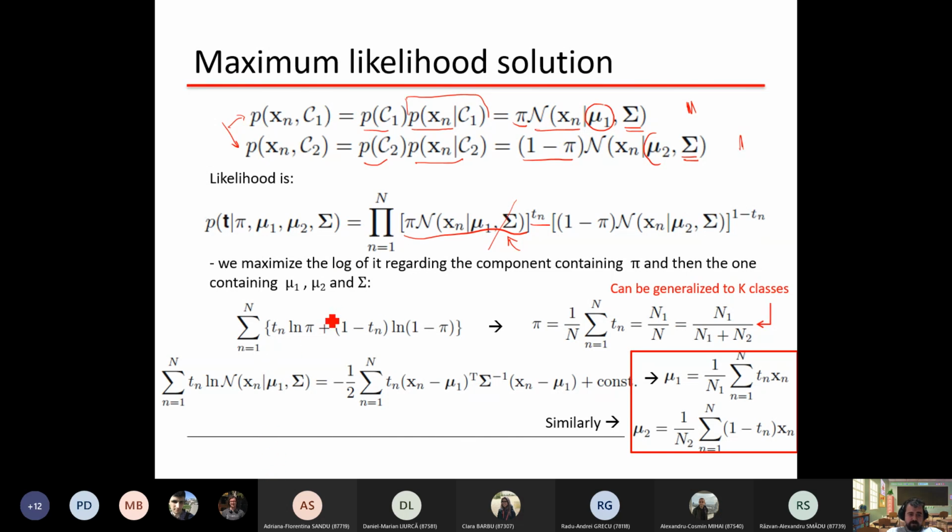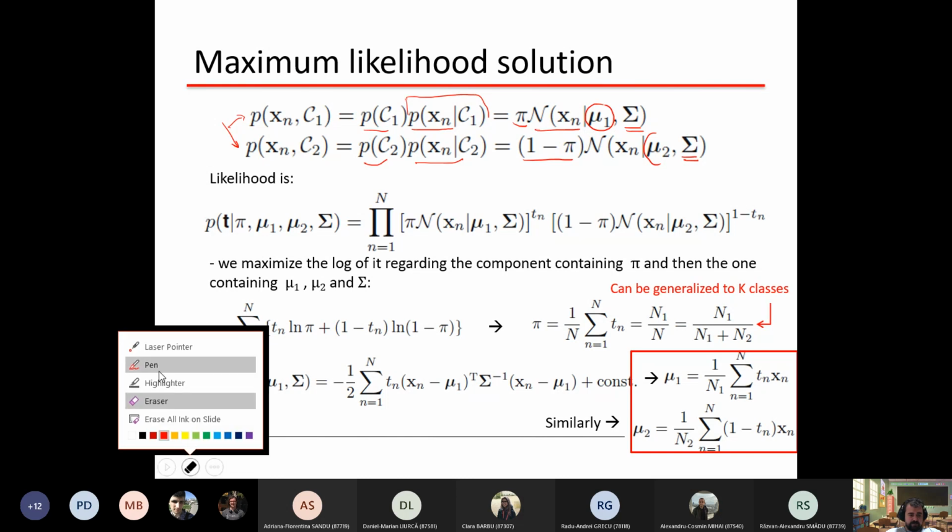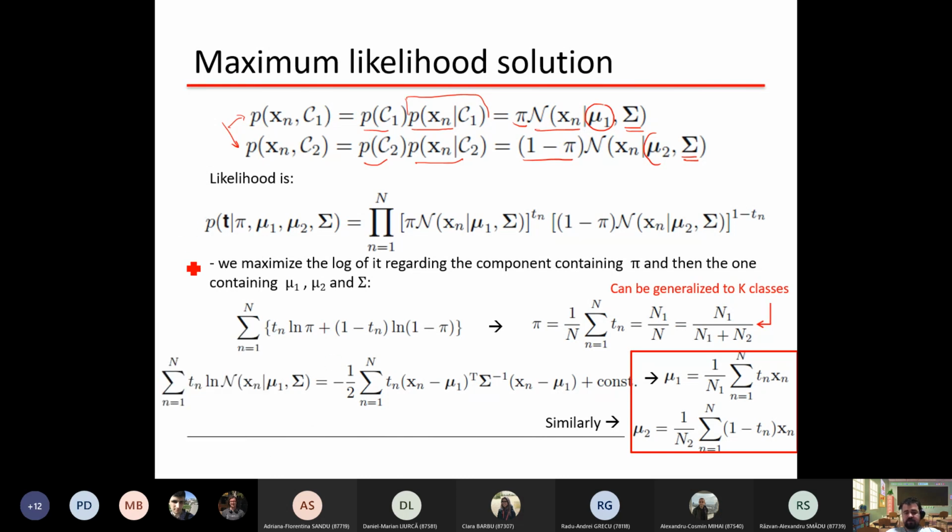Now, to maximize the log of this, first we'll have to compute the log, and I'll erase some stuff from here because I'll need space to write the logarithm of this, and then we'll have to differentiate it with respect to w, mu1, mu2, and sigma in order to identify the values.